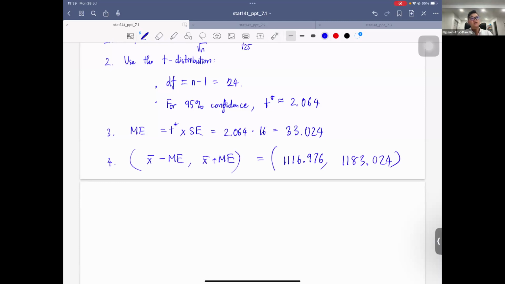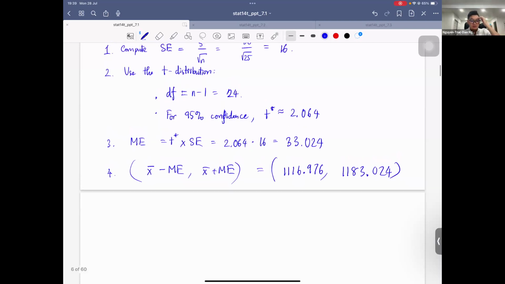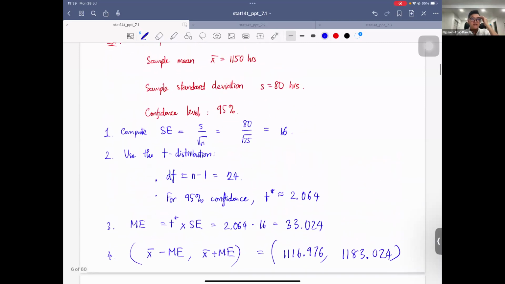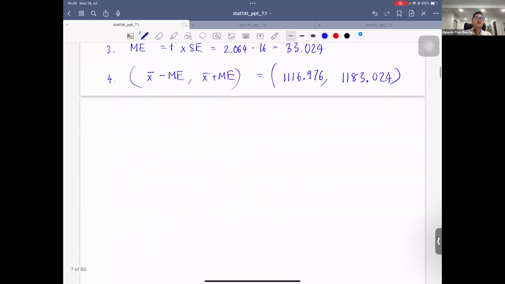So we can do the interpretation like this: we are 95% confident the average lifetime of all light bulbs is between 116.98 and 183.02 hours. That is the example for estimating a population mean.